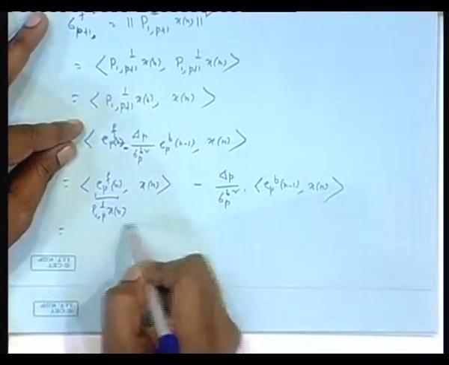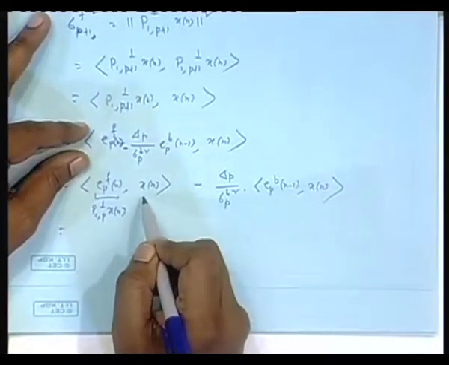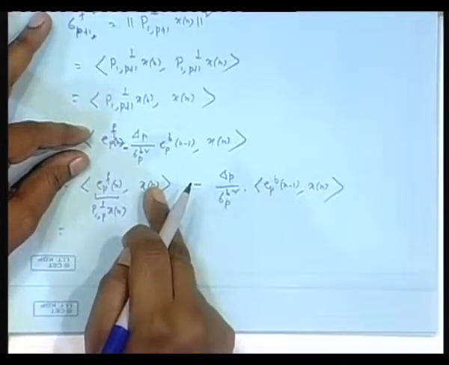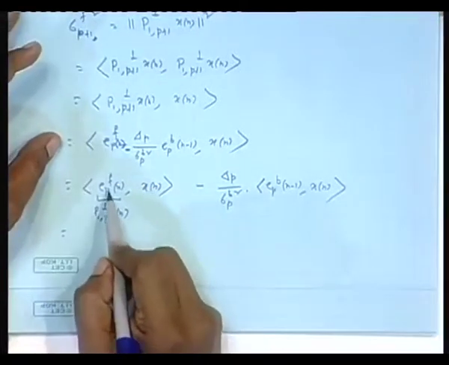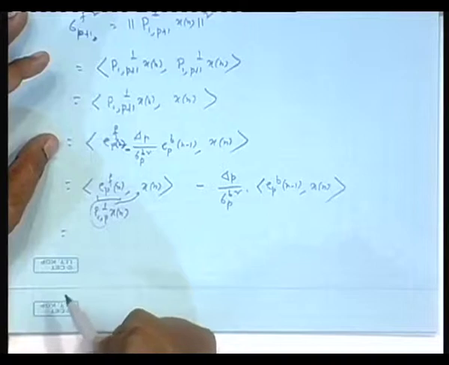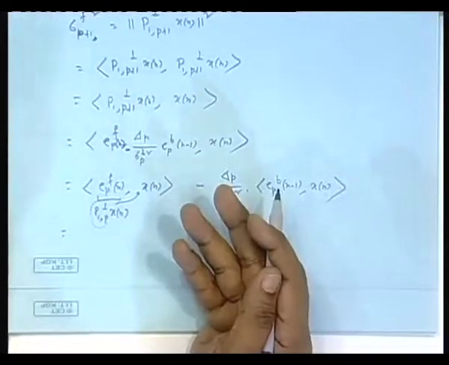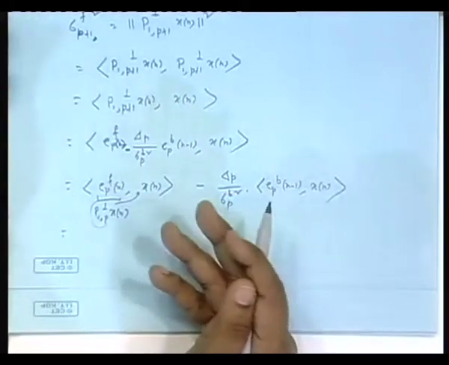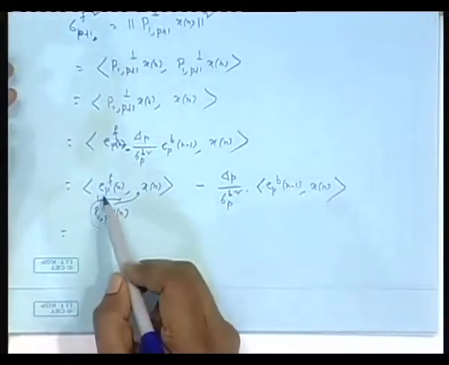And if I bring it here, P1 P perpendicular x n, this will be the same as this. This fellow will be brought in here. So, the same thing, P1 P perpendicular x n. That means norm square of this fellow.